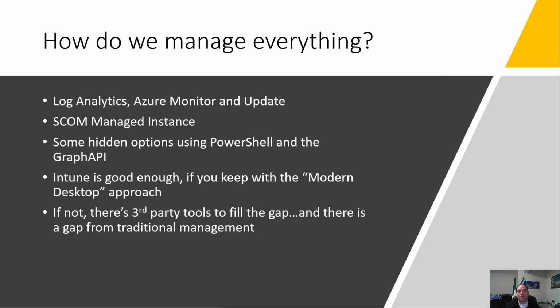We can also manage Intune and our devices through PowerShell, connecting into them using the Graph API. So it gives us the ability to, from a command line, reach out and hit, I think it's up to 1,000 machines at a time. So that's pretty neat. And then, of course, there is still a large third-party systems management market out there that will address any little gaps that you happen to find inside of this transition process.